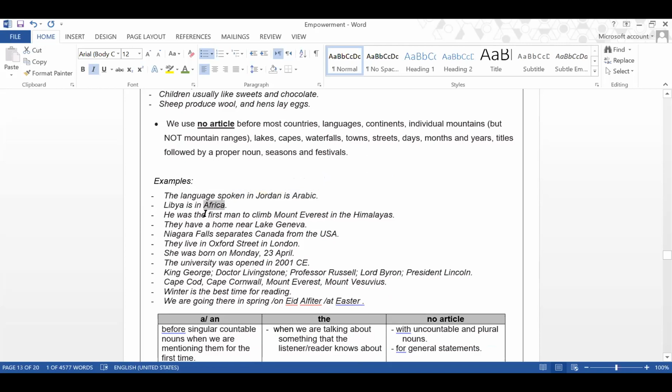He was the first man to climb Mount Everest. Mount Everest, because it's only one mountain. It's not a mountain range. So I don't use any article. But look here, the Himalayas, a group of mountains, or a range of mountains. So I use the article the. And you can check these examples.